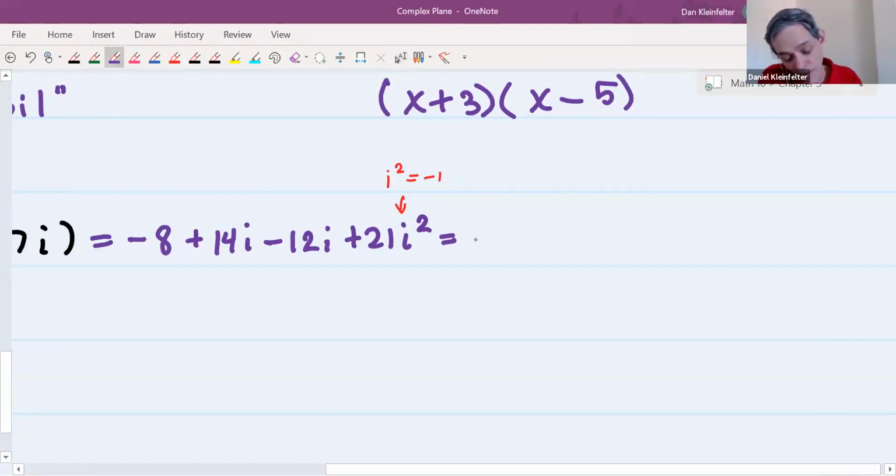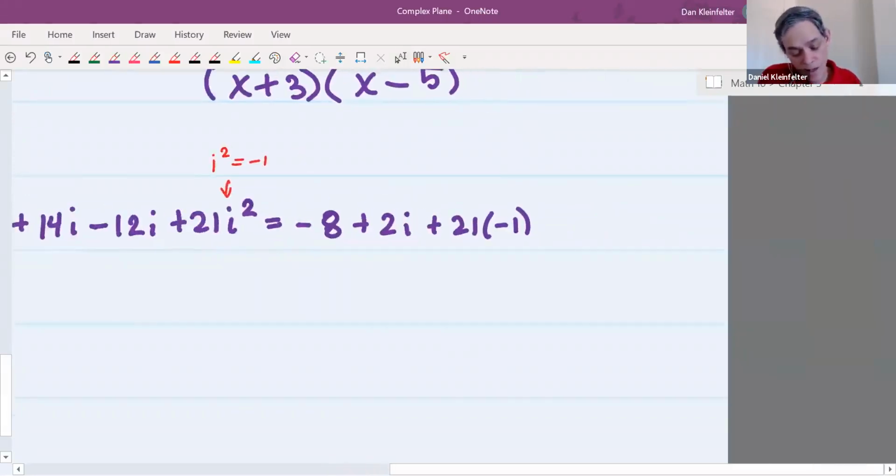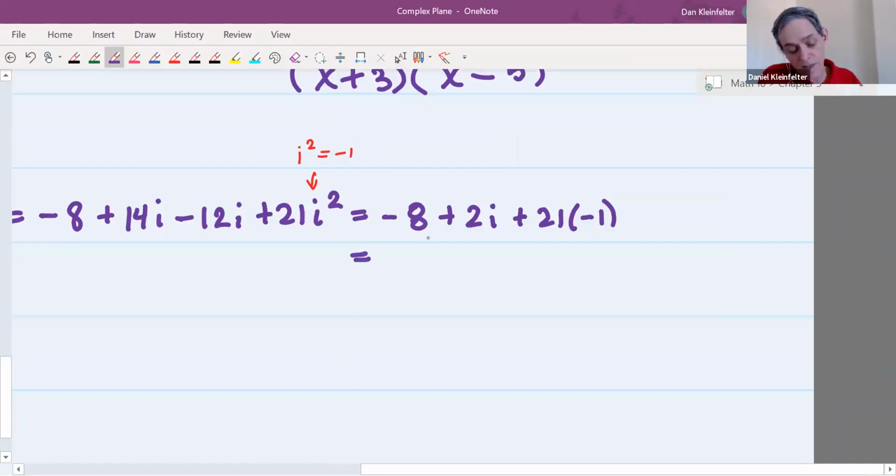My negative 8 will stay as is. The two terms, 14i and negative 12i, we can just combine those, right? 14 minus 12, that will be 2i. And then lastly, we'll have 21 times negative 1. Our i squared became a negative 1. Okay, so this will give us negative 8 plus 2i minus 21.